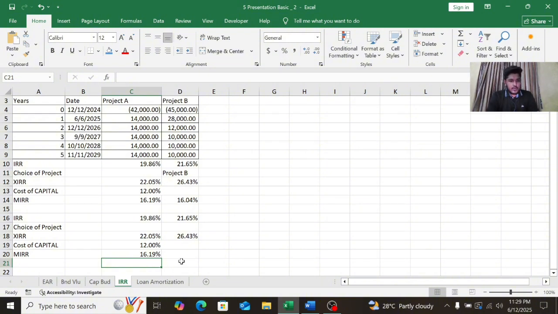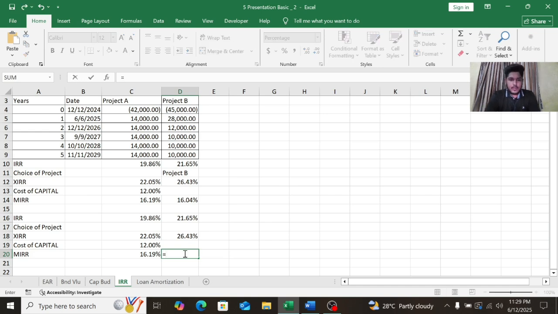And if we calculate project B, the MIRR will be our values, our financing rate and our reinvestment rate. As we don't have any investment rate, we'll take cost of capital as our investment rate.